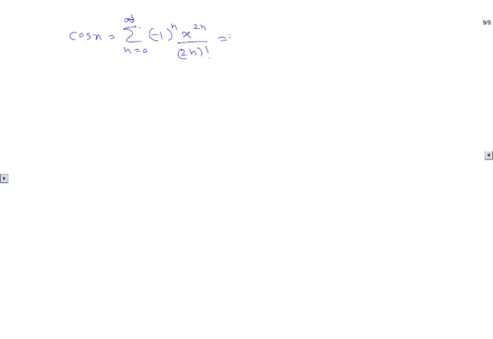What is the first term? If you plug in n equals 0, you get 1. Then when you plug in n equals 1, you get minus x squared over 2 factorial.